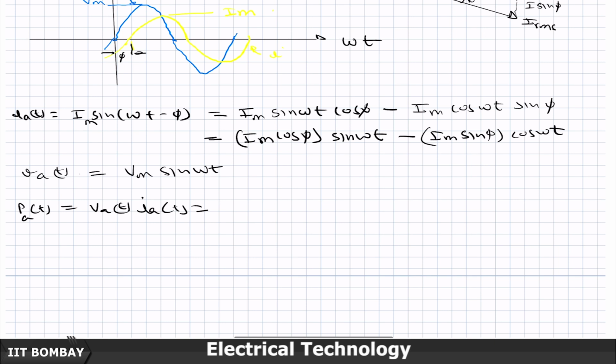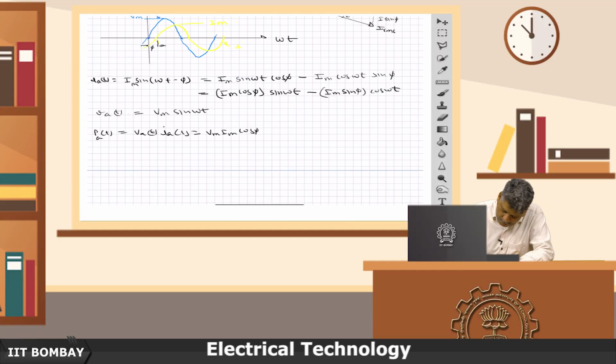So, the instantaneous power, when you do this multiplication, is going to be, first multiply this term with this term. So, you will get V m I m cos of phi into sin square of omega t, and then you multiply this term here.